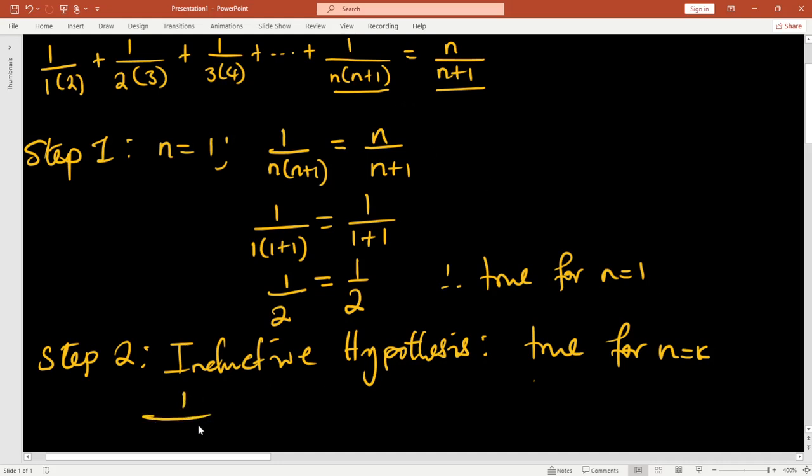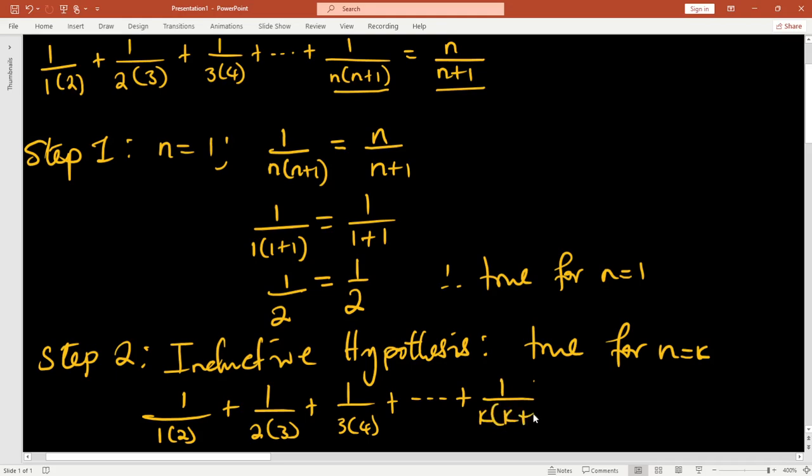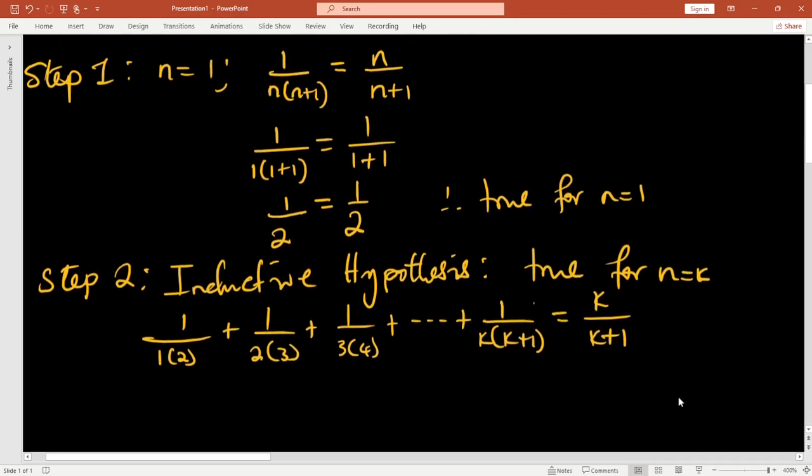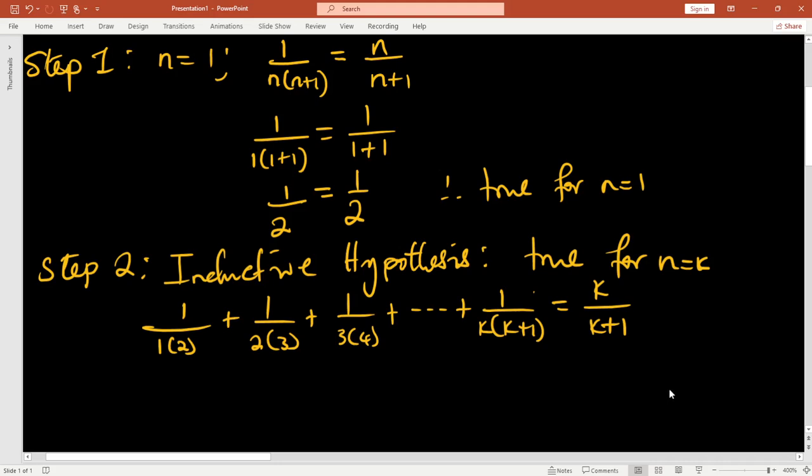So we have 1 divided by 1 multiplied by 2 plus 1 divided by 2 multiplied by 3 plus 1 divided by 3 multiplied by 4 plus up until we have 1 divided by k(k plus 1) equal to k divided by k plus 1. This is the only thing that we get to do under the inductive hypothesis.